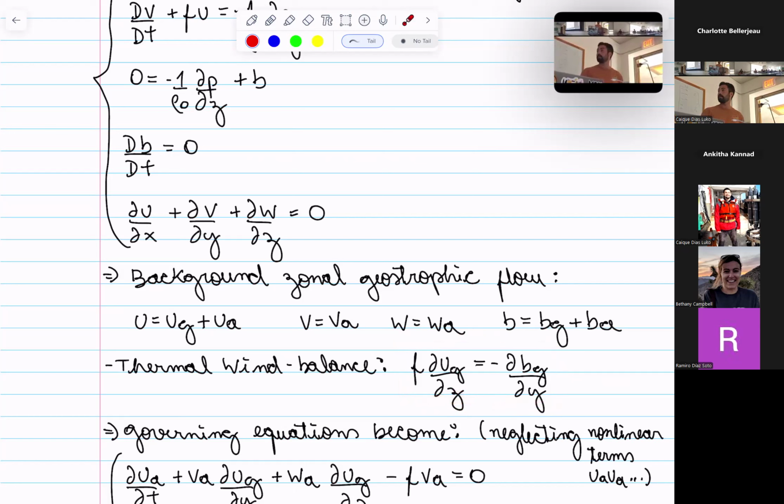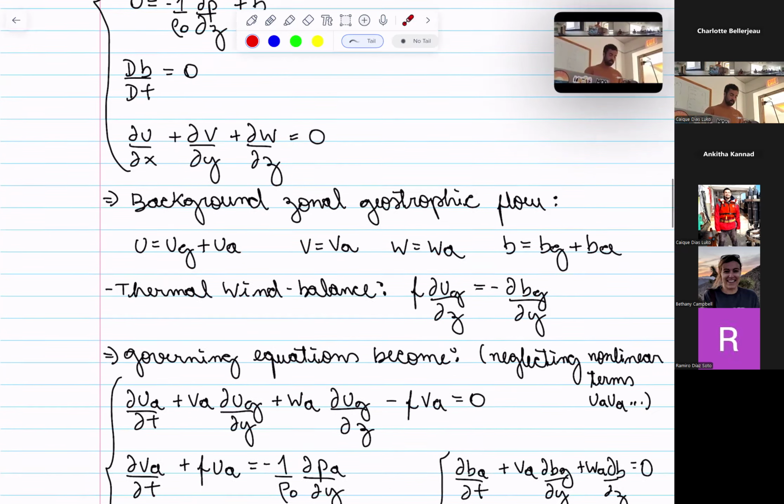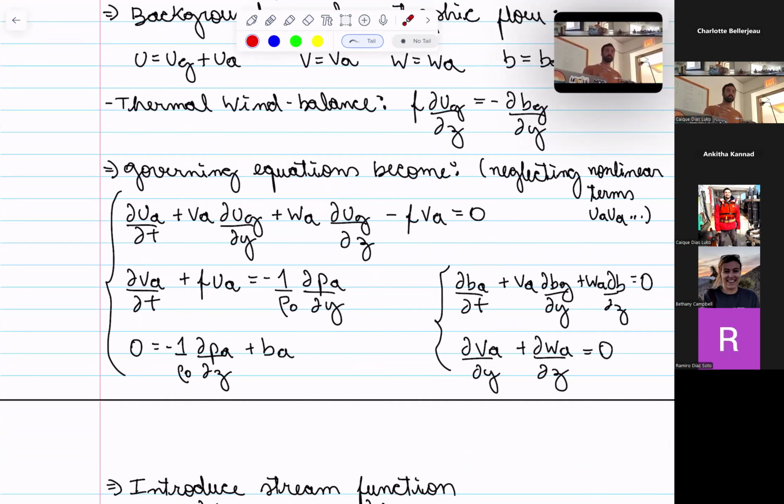And then if we plug these definitions of the background flow and the ageostrophic flow back into our governing equations, they're gonna simplify to these equations here.